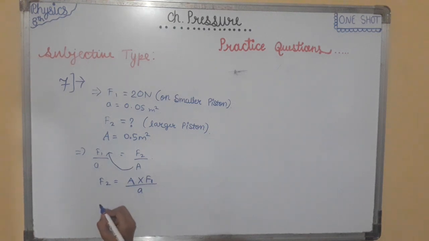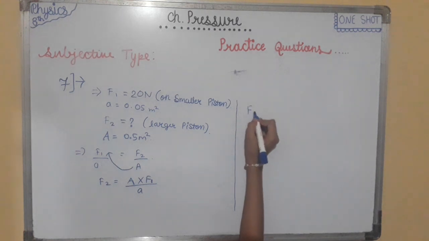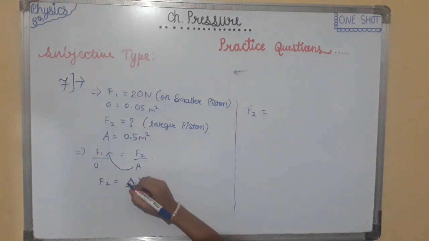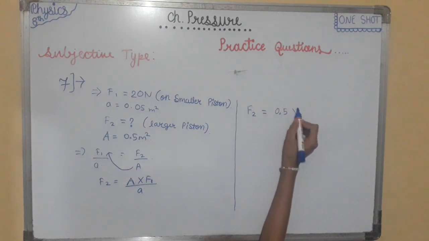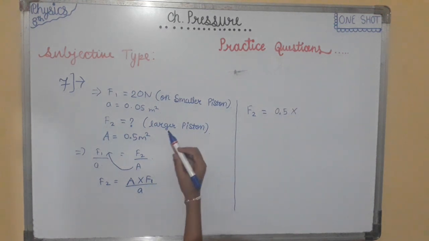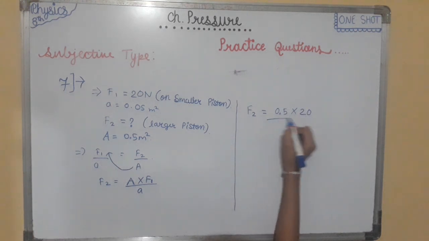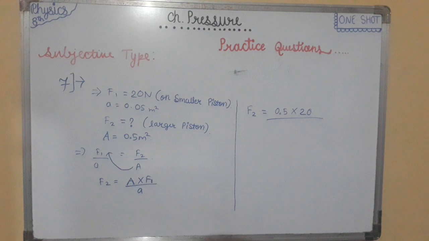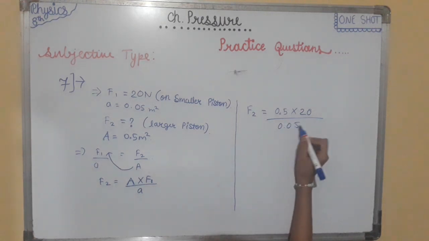Now we will put the values. F2 is equal to the larger piston's area 0.5 into force on smaller piston 20 Newton upon the smaller piston's area 0.05.